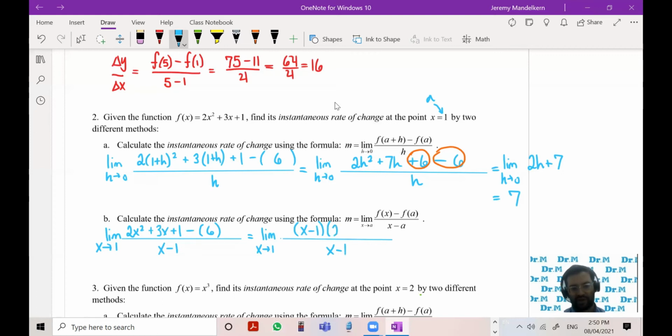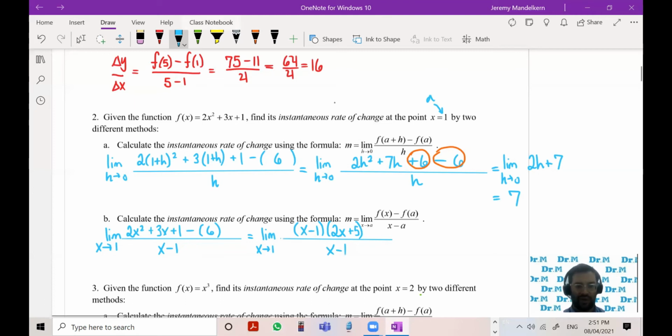The other factor appears to be 2x plus 5. Please verify that if you multiply out the product of the two binomials in the top, (x minus 1) times (2x plus 5), you really do get 2x squared, and you get plus 3x, and you also get a minus 5, as we should.